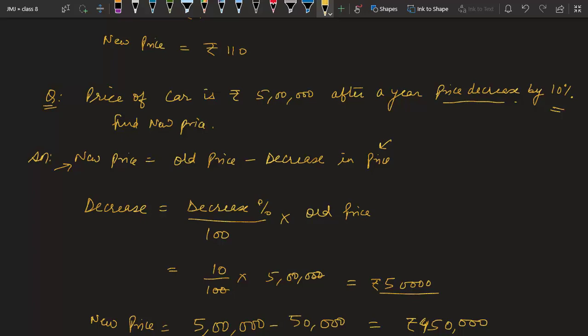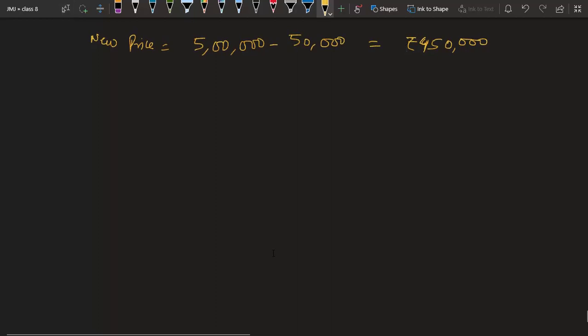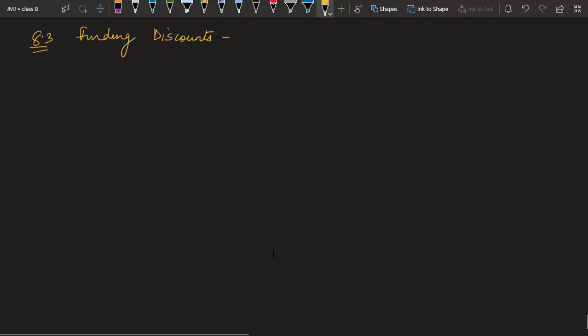Okay. Now we'll see the next topic, that is finding discounts, which is 8.3 in your NCERT. Before finding discount we need to understand what this term means and where we have to find discounts.